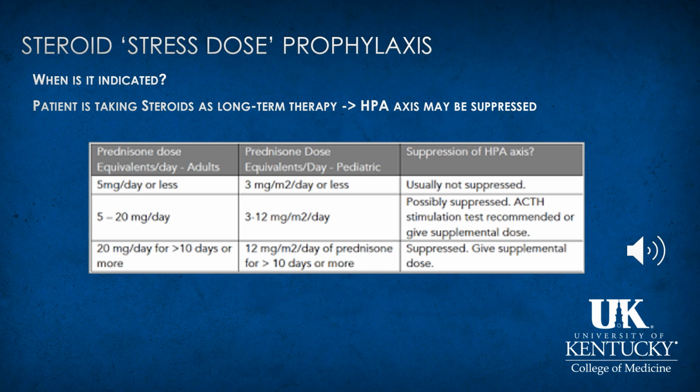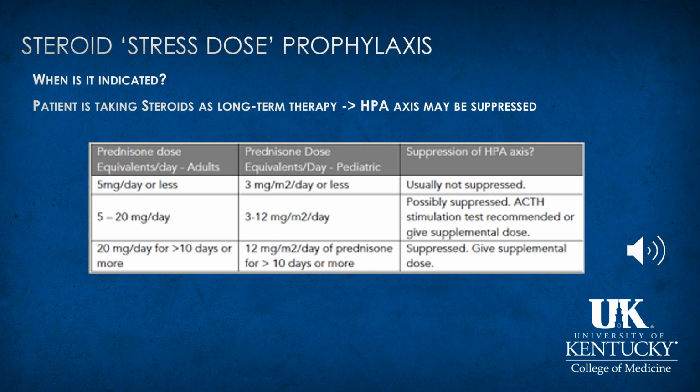The way to answer the likelihood of this is the ACTH stimulation test. You can give a small amount of ACTH and then check blood levels and see to what degree your cortisol blood concentration increases. That will tell you how responsive that axis is to hormonal stimulation.